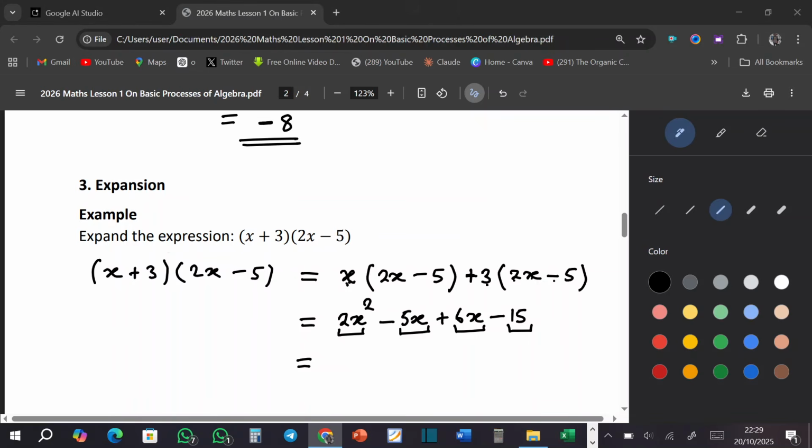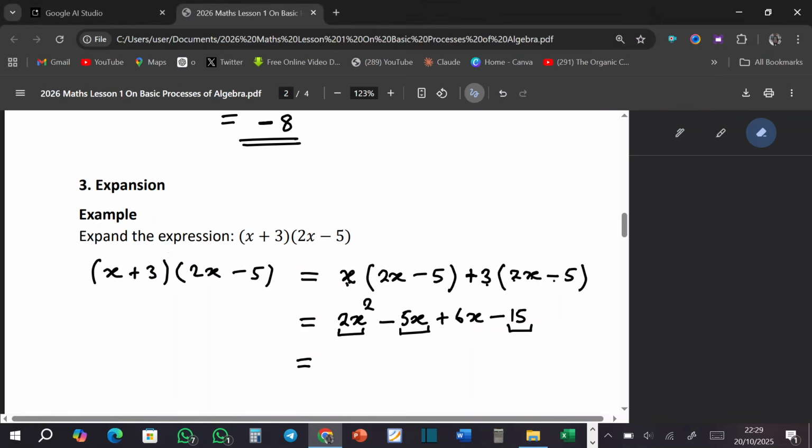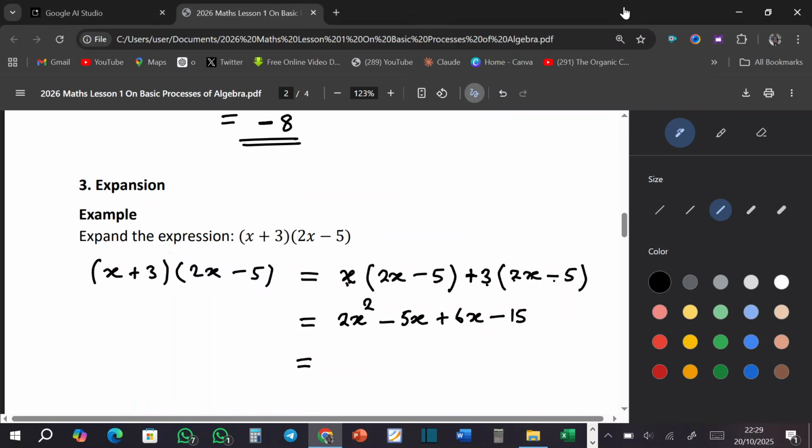X squared is a variable, x is a variable, x is a variable. Letters are called variables. I hope that one is making sense. So letters are called variables.